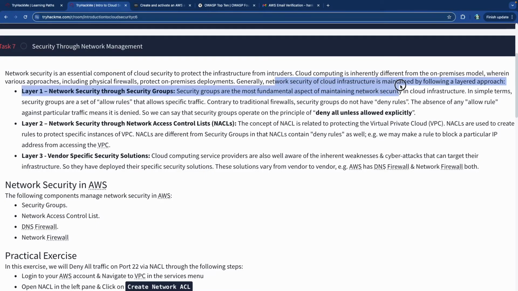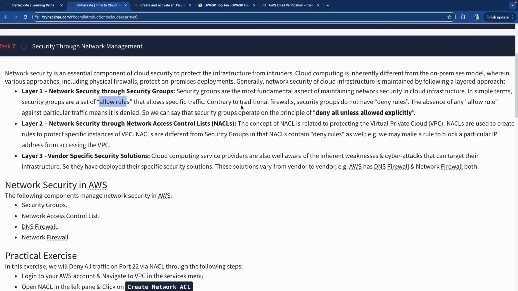So network security of cloud infrastructure is maintained through a layered approach, and we have the 3 layers here. The first is network security through security groups, which is the most fundamental aspect of network security, and it basically consists of allow rules that allow specific traffic to get access to resources.